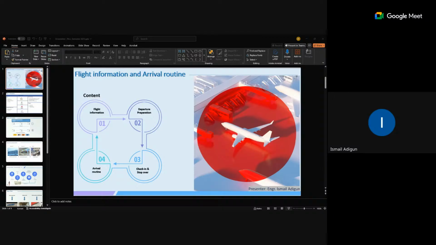Another thing is the ticket booking. You can book via third-party sites, which are Waka Now, Traveling Wings, and some other third-party sites. You can also book via their main sites, Ethiopian Airlines and Qatar.